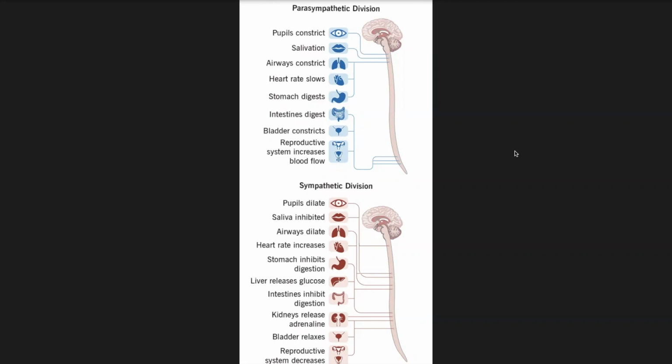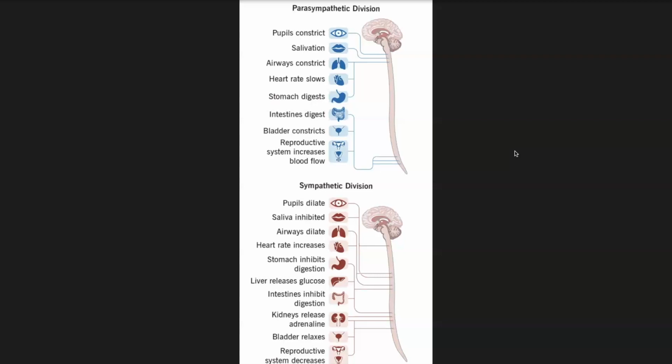When we get into a sympathetic response, which would be relating more to the fight or flight response, we get responses in the body such as dilating pupils, limiting saliva production, dilating the airways, heart rate increase, inhibiting the stomach digestion, releasing more glucose, inhibiting digestion, releasing adrenaline, releasing bladder control, and also decrease in the blood flow to the reproductive system.